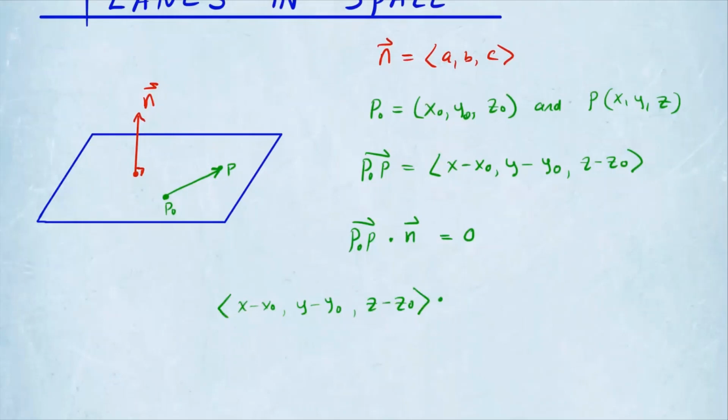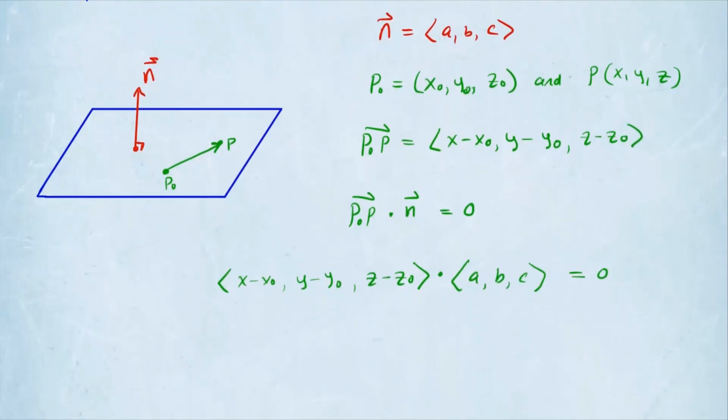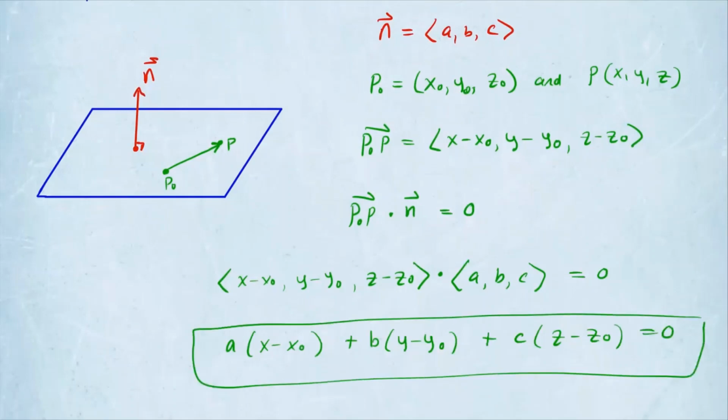We dot this with the normal vector, which has components A, comma B, comma C. And we know this will equal 0. Now doing this dot product, we get A times (x minus x0) plus B times (y minus y0) plus C times (z minus z0) equals 0. So that is our equation of the plane.